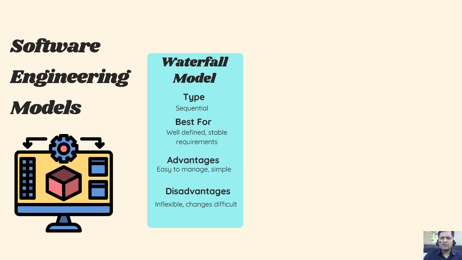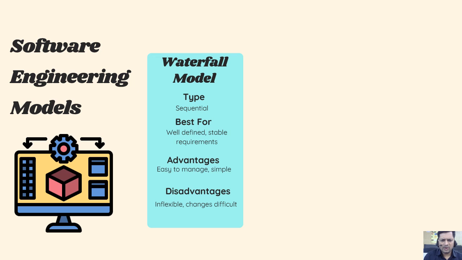When we are going to use waterfall model, we have advantages and along with we have disadvantages of using this model. See, every model will have some advantages and disadvantages. So throughout this video, I have tried to mention some of the advantages and disadvantages, which category it follows and what it is suited for.